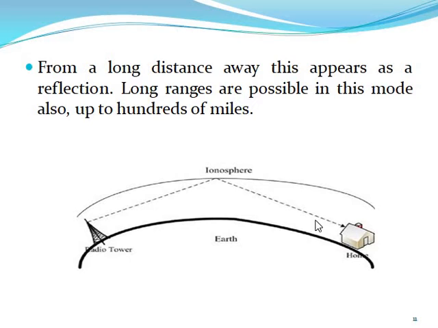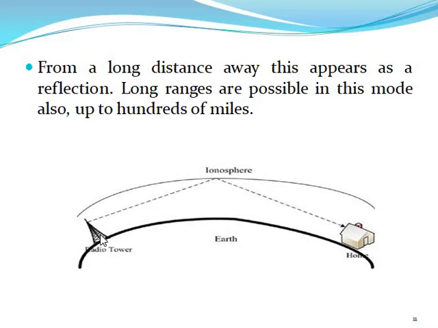So if the signal travels from any radio tower to the ionosphere and then is reflected, the speed is high and the distance is very long. It is possible through the ionosphere.